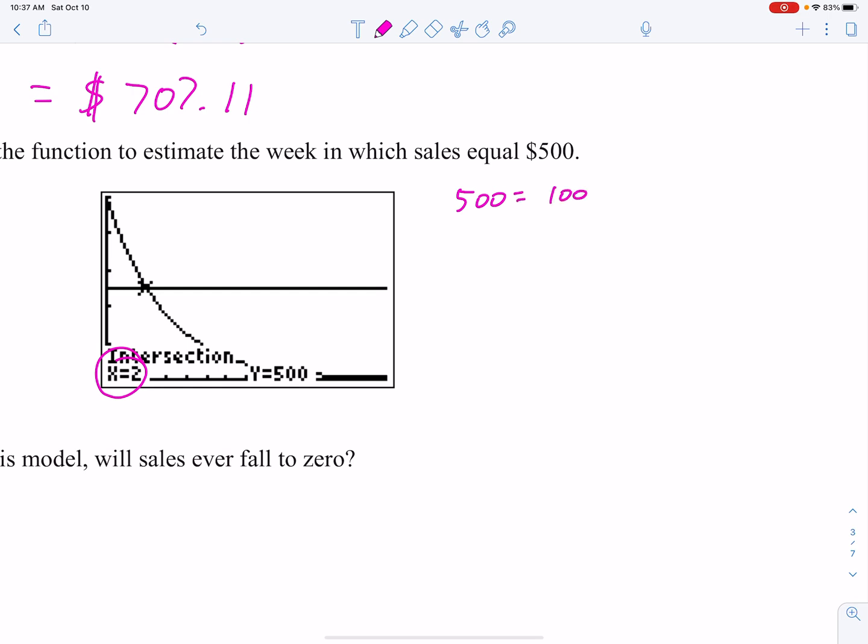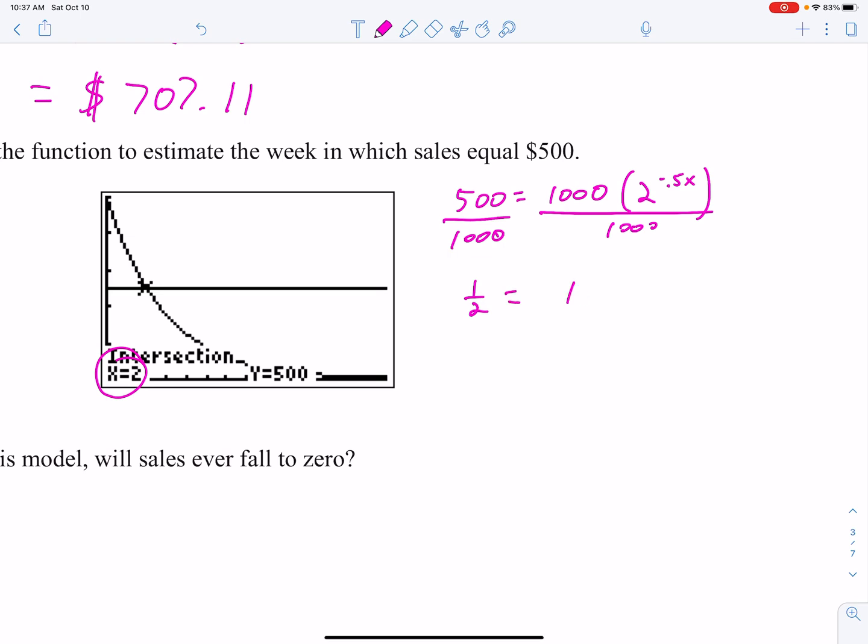So 500 equals 1,000 times 2 to the negative 0.5x power. We need to solve for X. Okay? So first we're going to divide by 1,000. Right? We want to isolate that X. 500 over 1,000 is a half. You could put 0.5 or 1/2, doesn't matter.